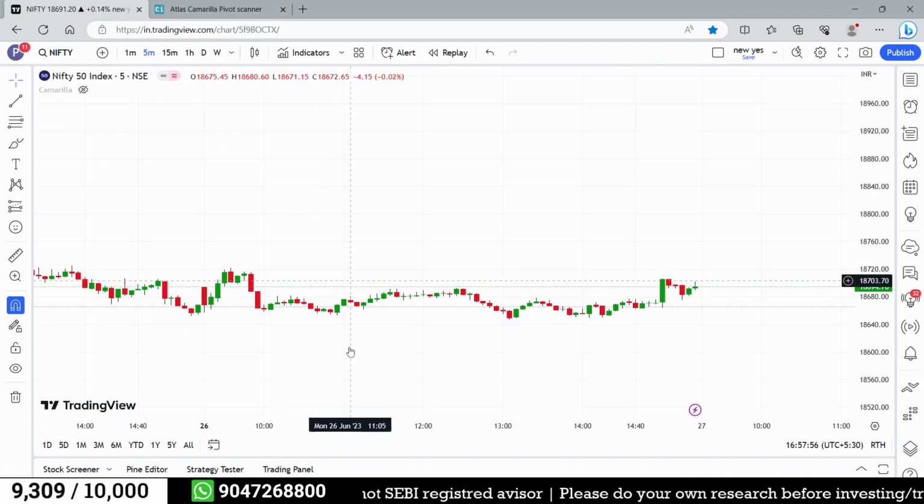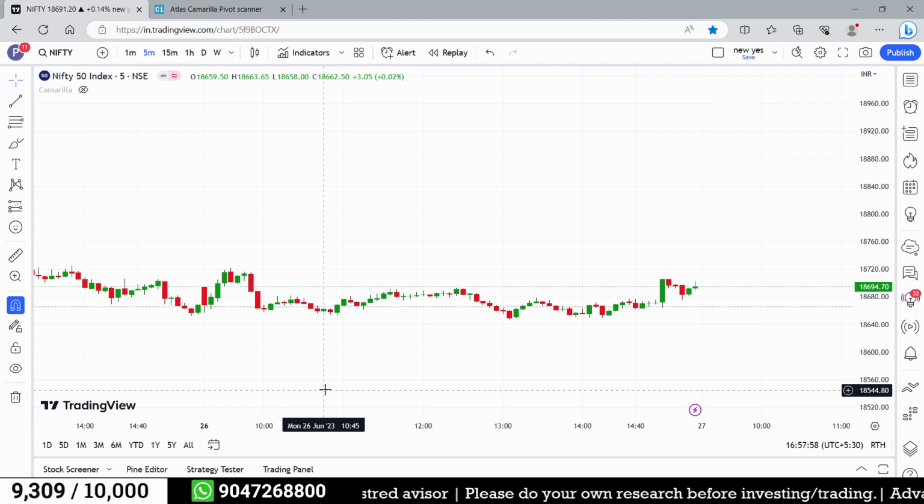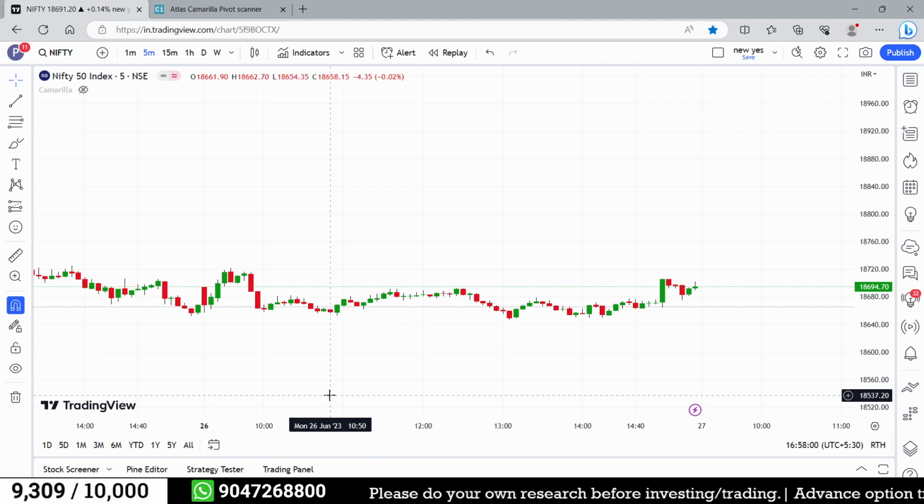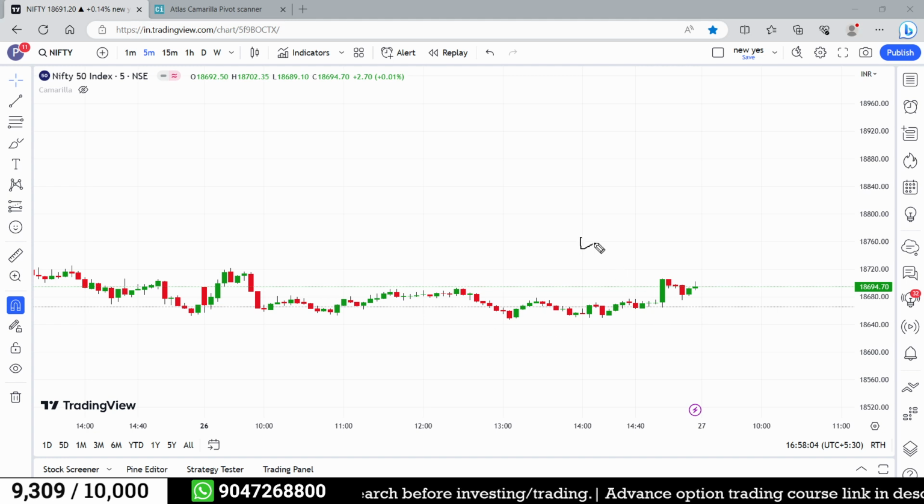By using a chart in TradingView, it's easy. And what is the L5 formula? How do we calculate L5? We already completed L1, L2, L3, L4 and L5, and likewise S1, S2, S3, S4 and S5. These two we are going to create in this video.